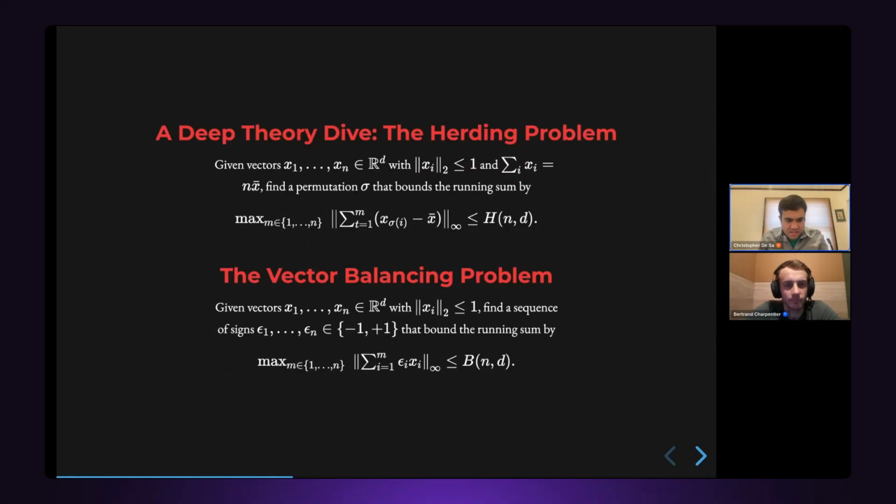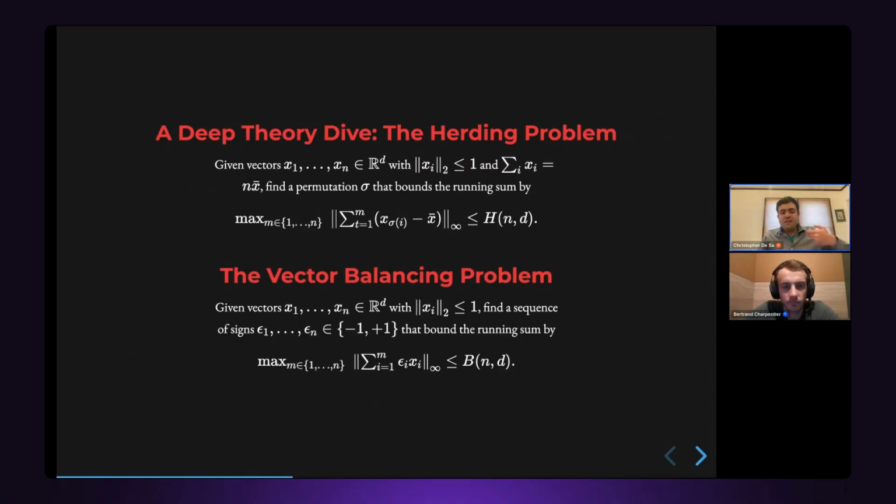And the vector balancing problem is a very similar problem. You're still given a sequence of vectors that are bounded in the L2 norm, except that now instead of trying to find an order of these vectors that minimizes the running sum, we're going to try to find a sequence of signs for the vectors that bound the running sum.